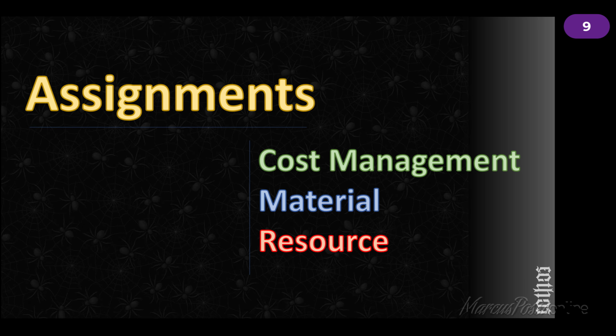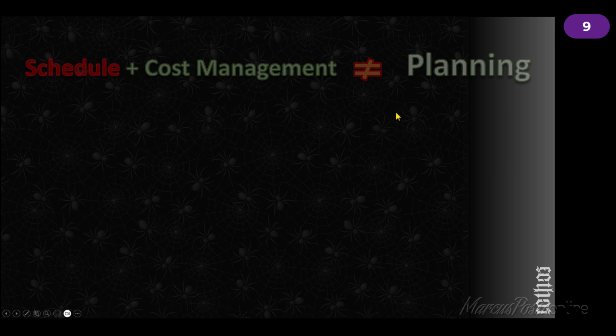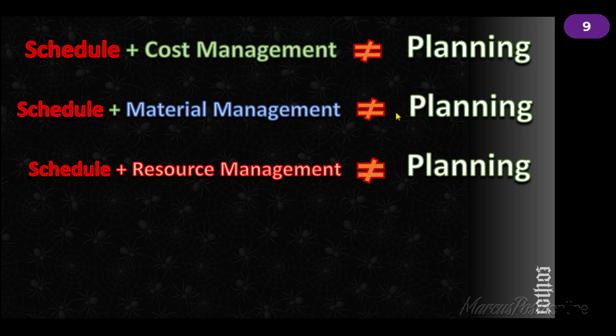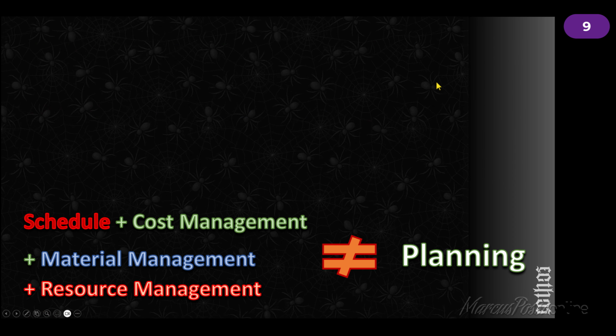But to complete this work, we must assign cost, material, and resource. And that's what we finished today. We have talked about cost, material, and today about resource. Just to insist, we have not planned it yet.